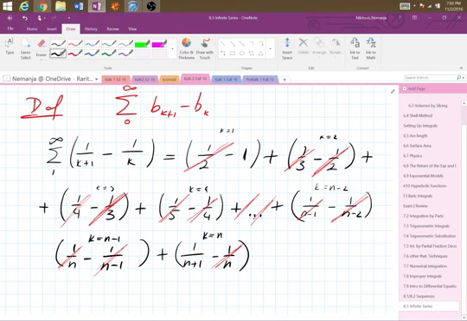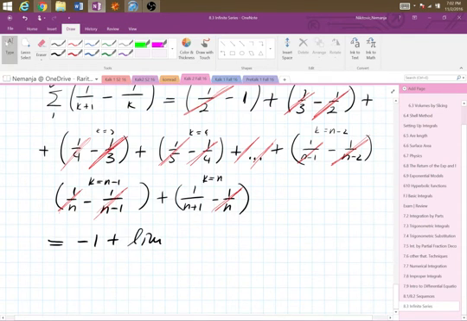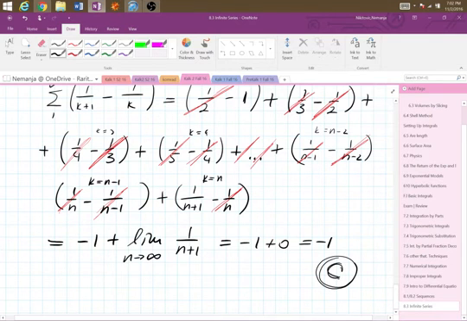So all of this now is equal to negative 1 plus the limit as n goes to infinity of 1 over n plus 1. Converges to negative 1. We computed the sum directly.